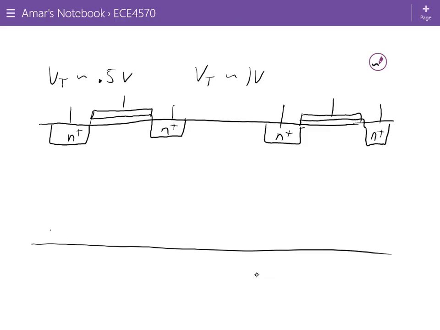You have a p-type substrate down here. Notice that all these transistors have the same substrate. The body of all the transistors is connected together.